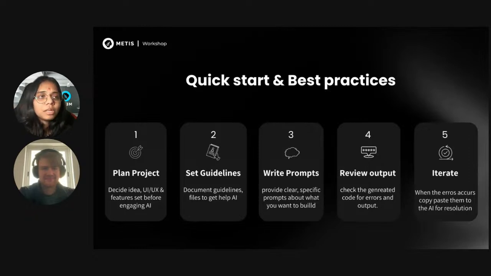So make sure you are clear, have the guidelines documented, and understand what you actually want, because if you don't understand yourself, AI will not either. So have the project plan ready in your mind, set the guidelines, and third, write strong prompts.